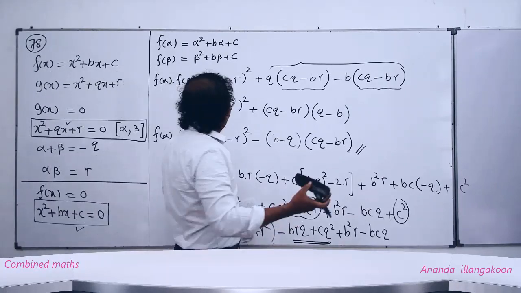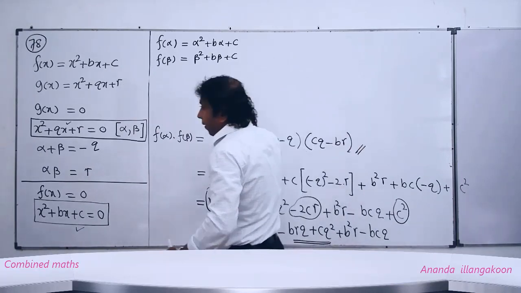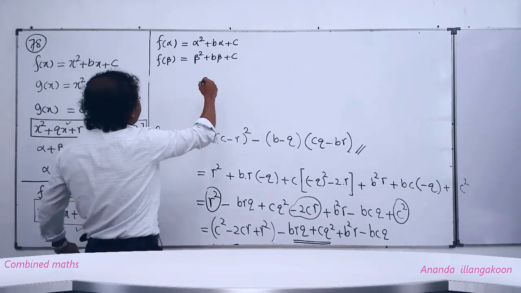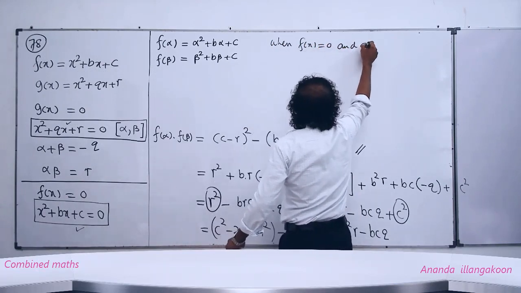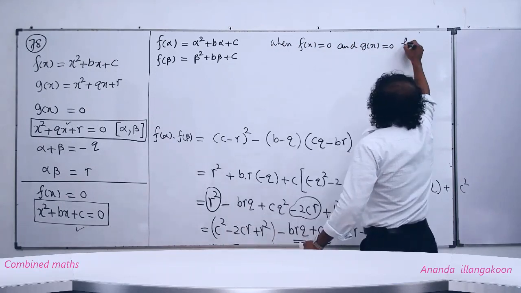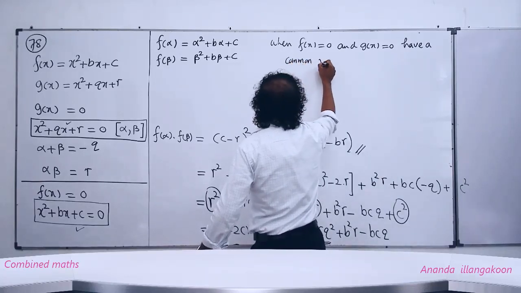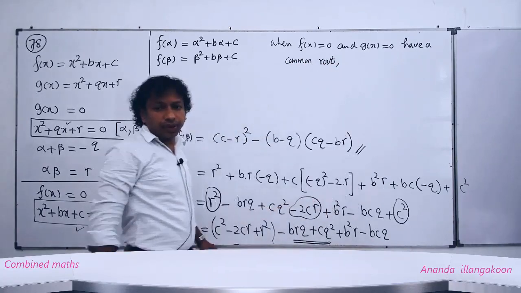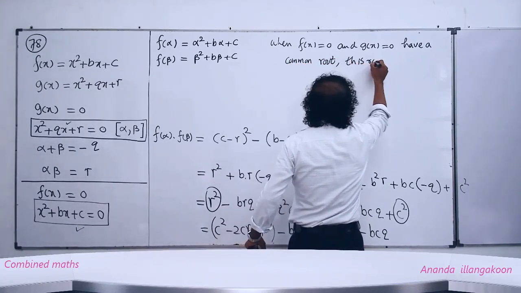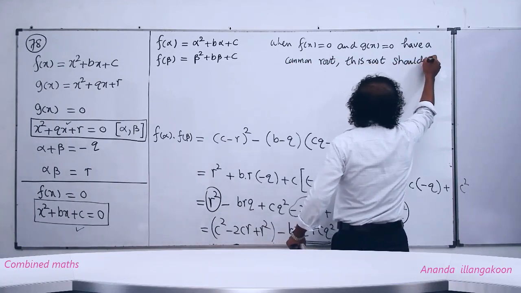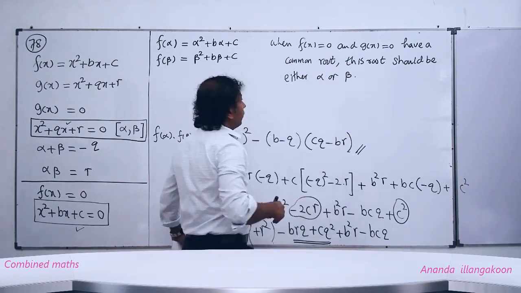Then we can write like this, the next one. Write down like this. When f(x) equals 0 and g(x) equals 0 have a common root, this root should be either alpha or beta.